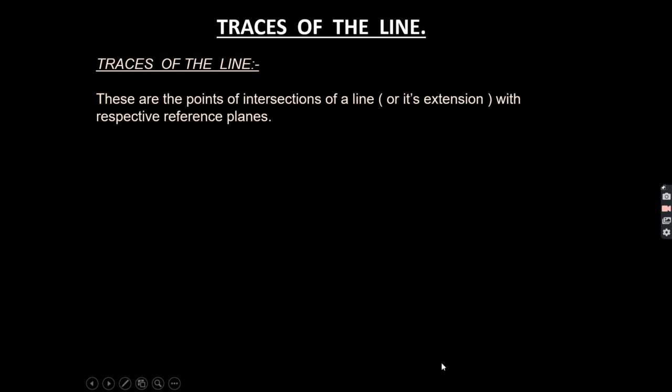So if the line is suppose parallel to the horizontal plane or vertical plane, then it will never cut that plane. Okay, then you will never get the traces of that line. So to get the traces of the line, it is compulsory that the line should be inclined to that plane.